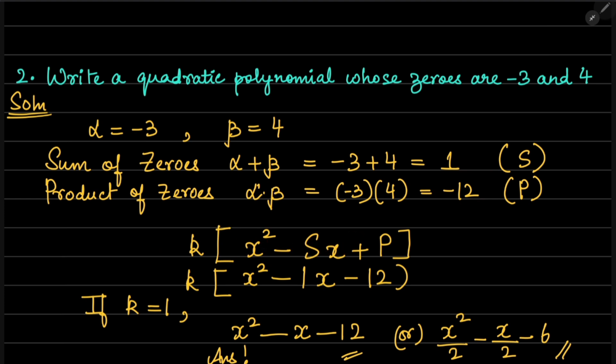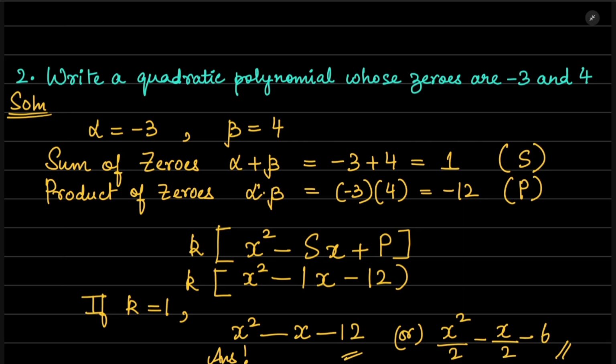So x square minus sx plus p. If you remember this, you will be able to form a quadratic polynomial with the given sum and product of zeros. So this is a very good and important question that is often repeated and has been frequently asked.